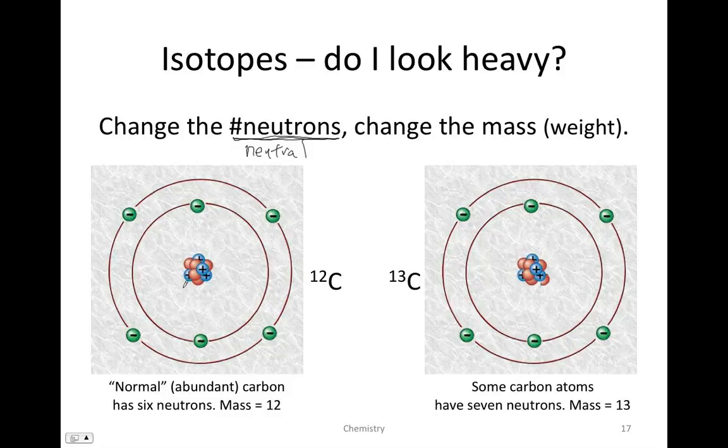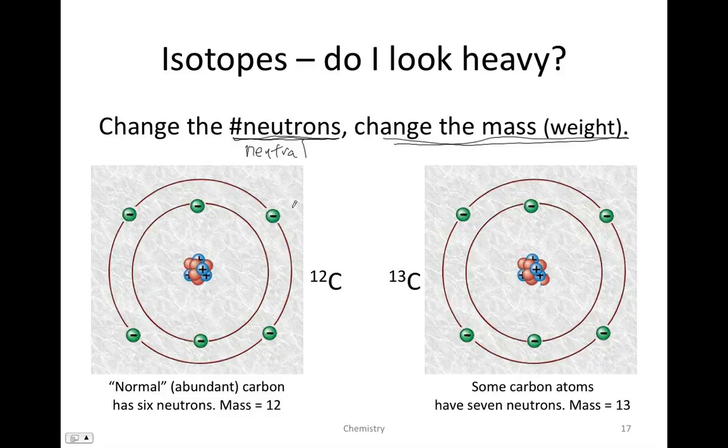The protons and neutrons that are in the nucleus, they have mass. Electrons have very little mass. So the mass of an atom is mostly just the protons and the neutrons added together. The number of neutrons that we have will affect the mass or weight.